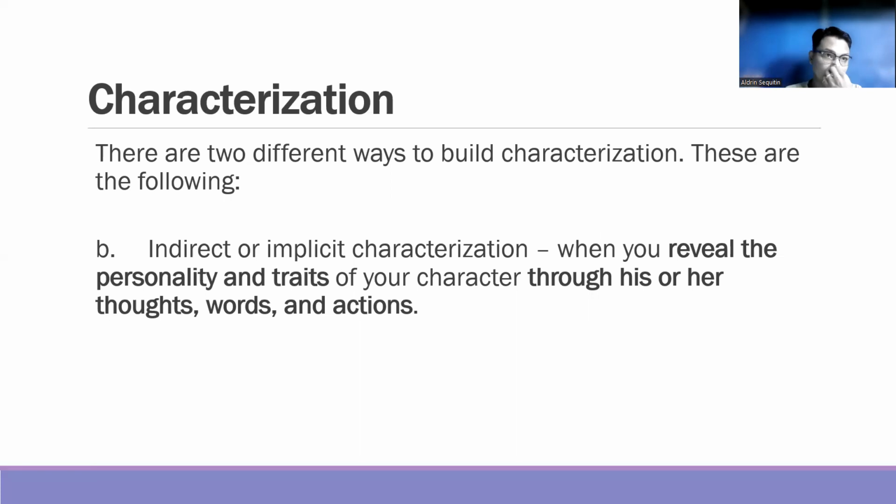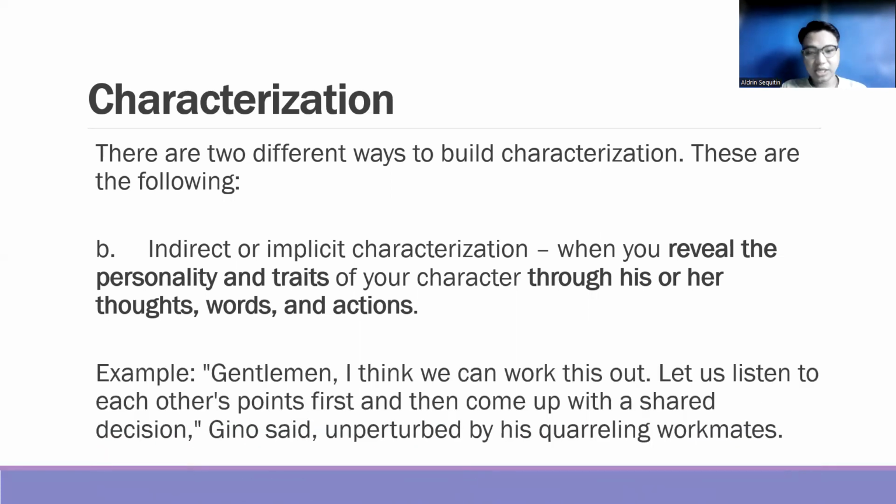Those are the strategies that you use whenever you are doing indirect characterization. So for example, in here, the way Gino speaks, the way he managed to hold his comrades or companions somehow tells that he is composed and patient.